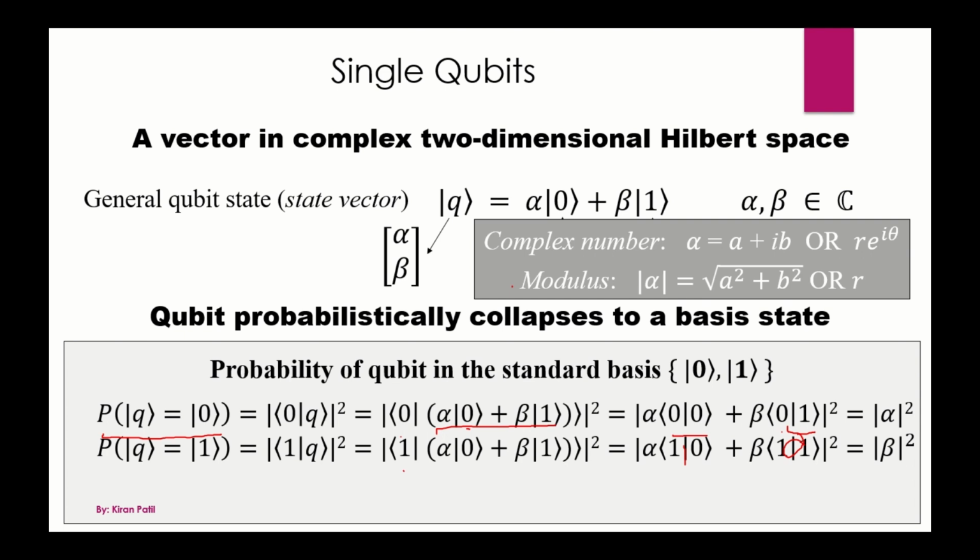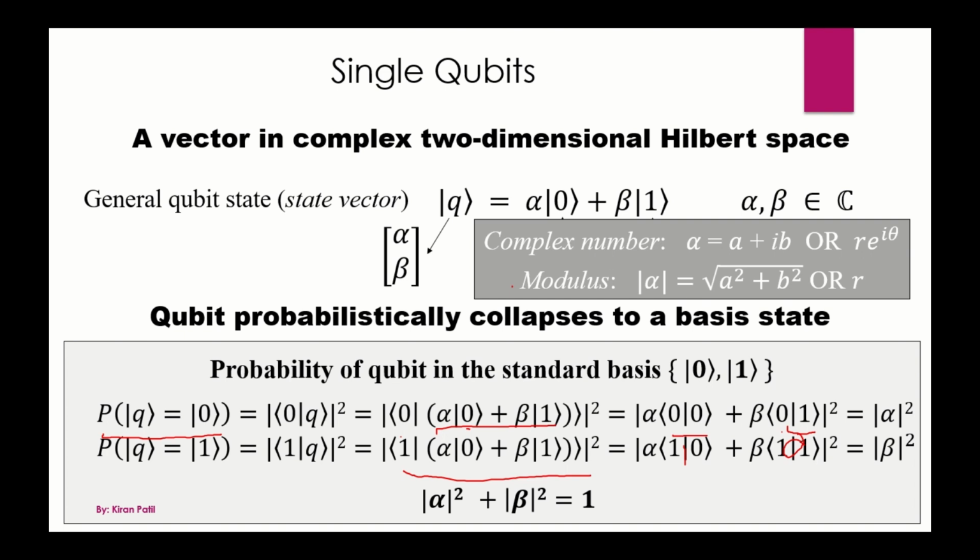We will solve this equation. After solving this, we get beta square. So here we have proved that the probability of getting ket 0 is alpha square, and the probability of getting ket 1 is beta square. Now alpha square plus beta square is equal to 1.